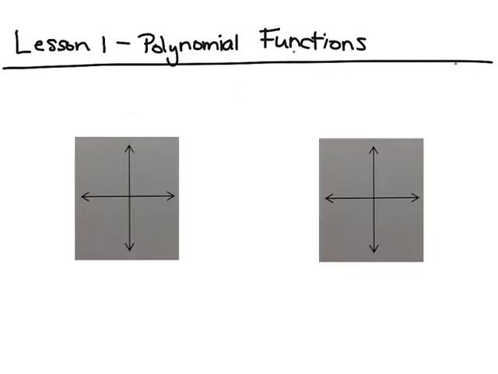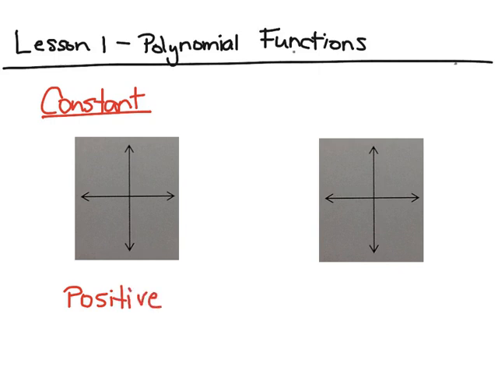Okay, determining end behavior. The end behavior is how it acts at the ends of each part of the line. So if we were doing a constant, there's two ways we can have it. We can have it if it's a positive number, so it would look like this, and also if it was a negative number, it would look down here.